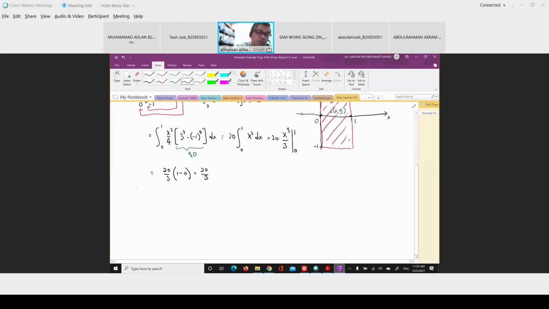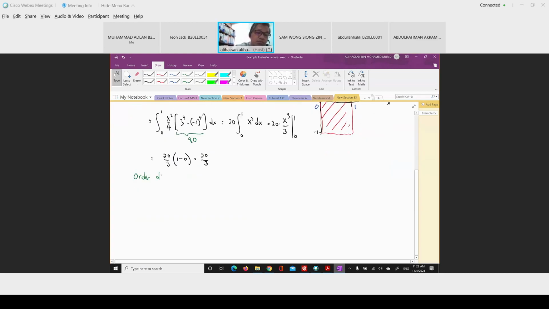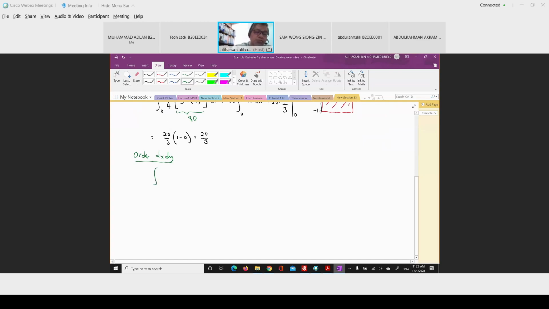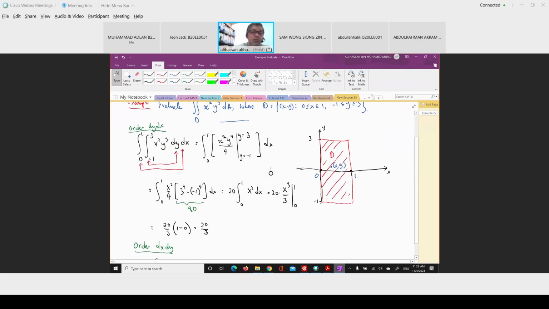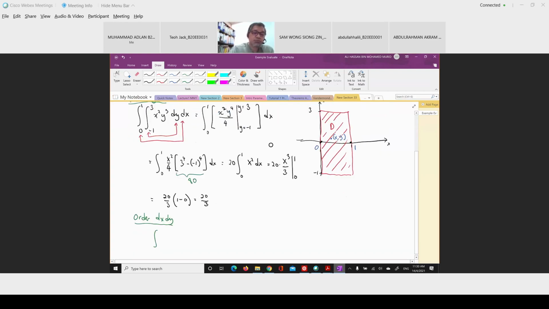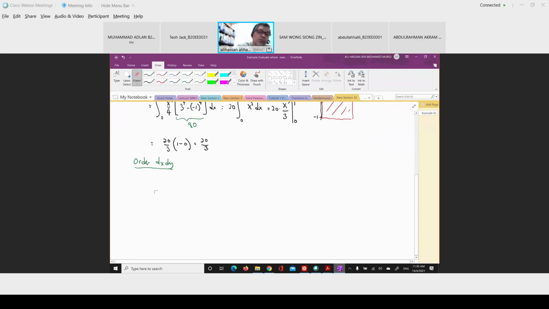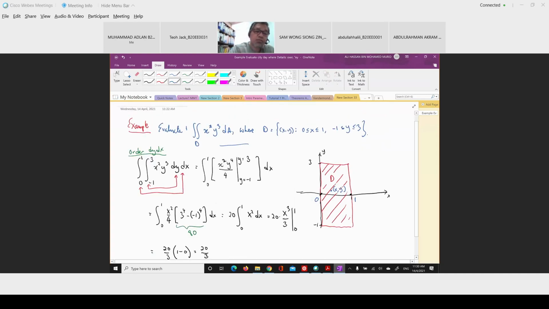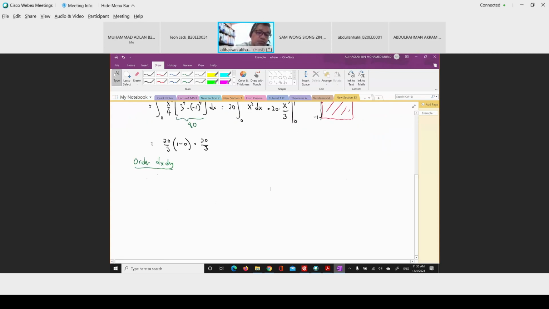If we now try to evaluate the integral of x squared y cubed using the order dx dy, let me denote this as I. So here we have I equal to this double integral.